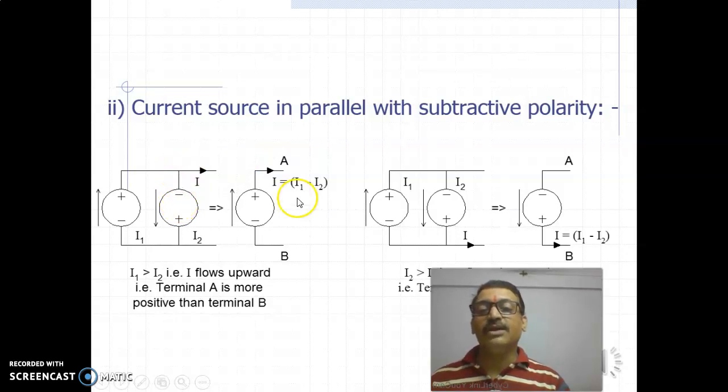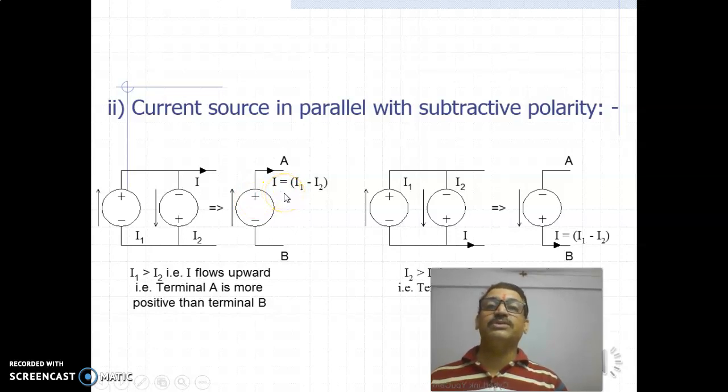Therefore, what do you get? You get I1 plus and I2 minus, and hence the total current I is equal to I1 minus I2. Another way of saying this is I1 is greater than I2. So if I1 is greater than I2, you can directly write I is equal to I1 minus I2.